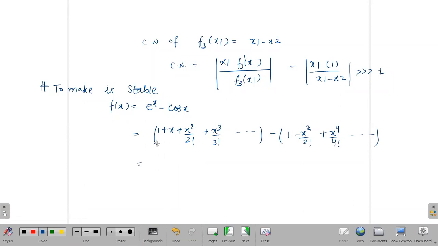Here the 1 will cancel with 1. Then this will be positive x, x square, x3 by 3 factorial. x4 will get cancelled, then x5 by 5 factorial. Then again you will get the positive sign, twice of x6 by 6 factorial.